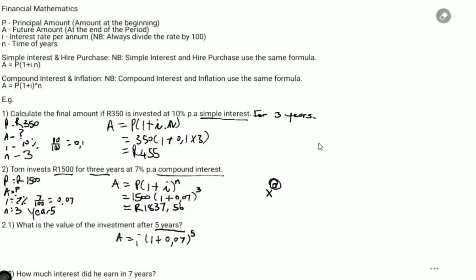Into your calculator, 1500 open bracket 1 plus 0.07, close the bracket, to the power of 5. That gives us 2103.83. So that's the value of the investment after 5 years.